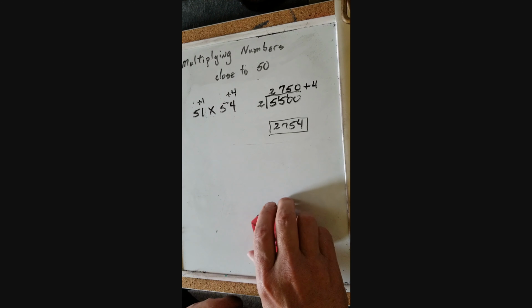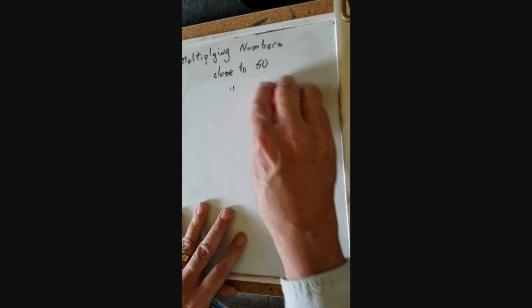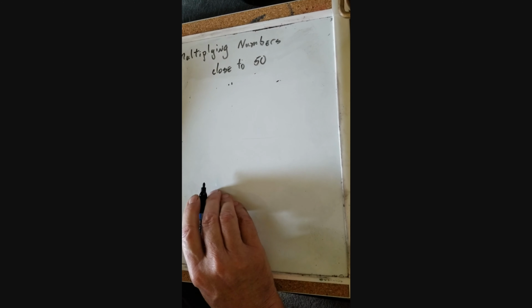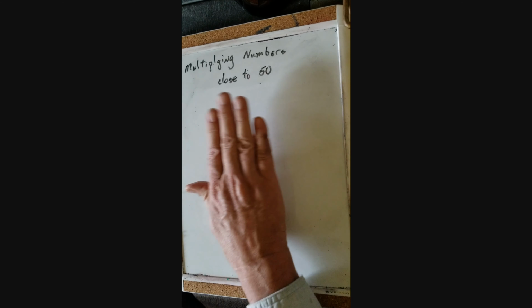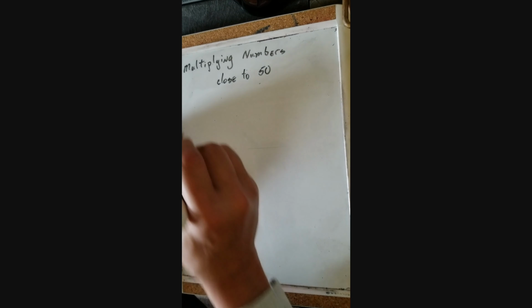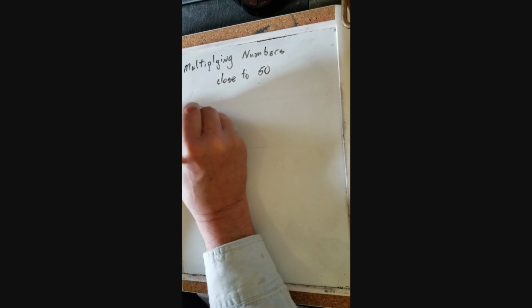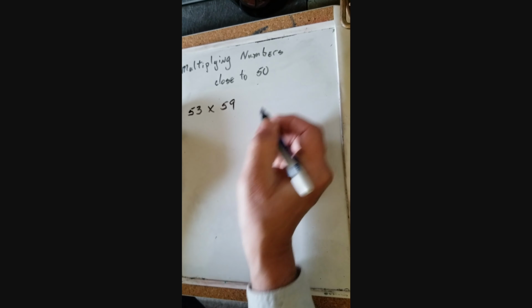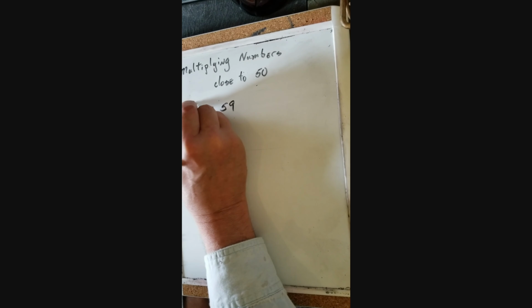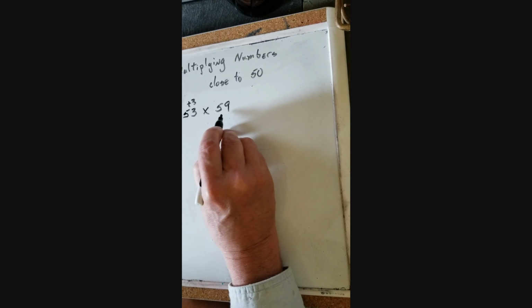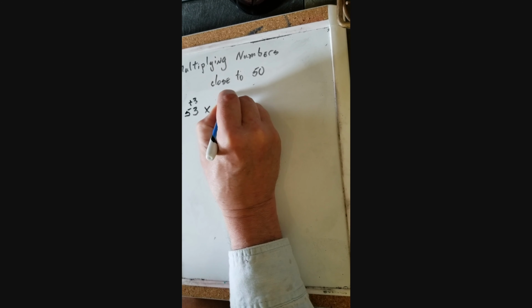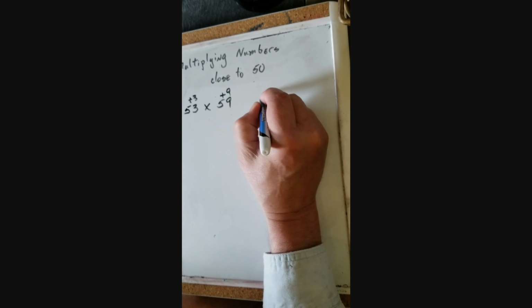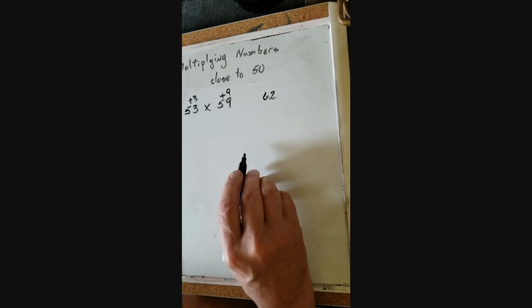All right, now let's do another one. Let's do one that's a little harder. So let's do 53 times 59. So this number is 3 more than 50. This number is 9 more than 50. So 53 plus 9 is 62. Multiply by 100.